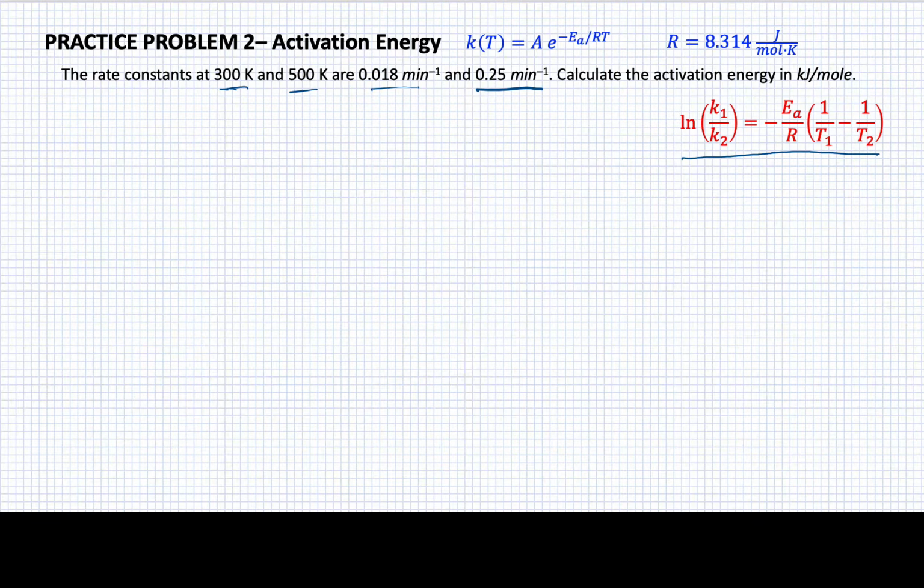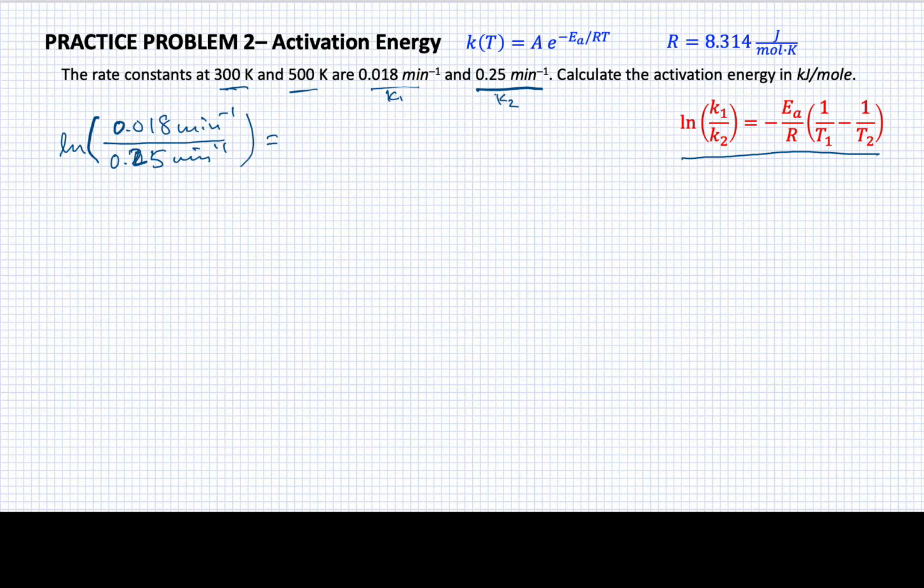So let's set this up. We're going to have log of the two rate constants, and I'll use this one as K1 and this one as K2. So we'll have 0.018 minutes to the -1 divided by 0.25 minutes to the -1.